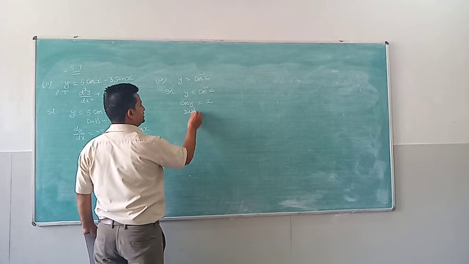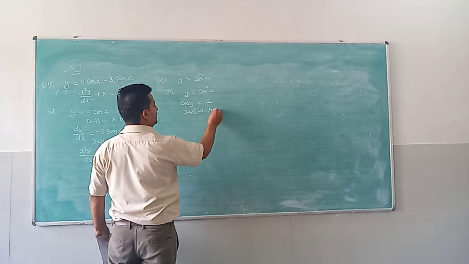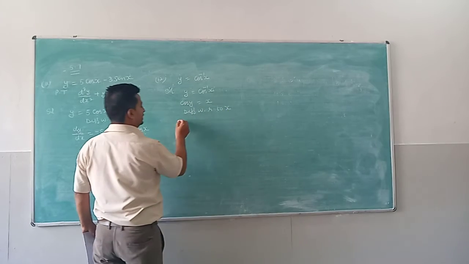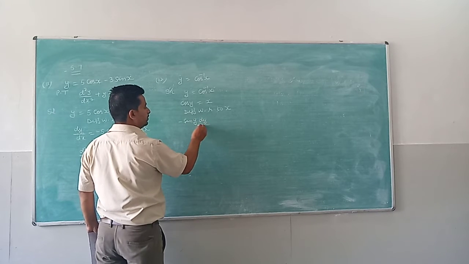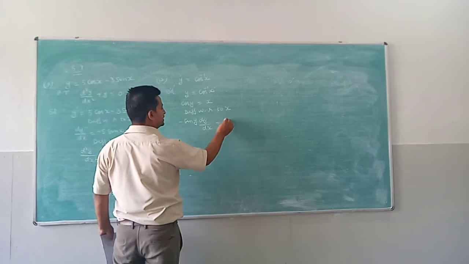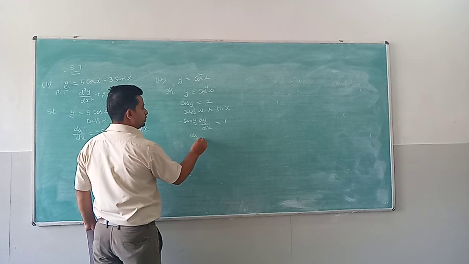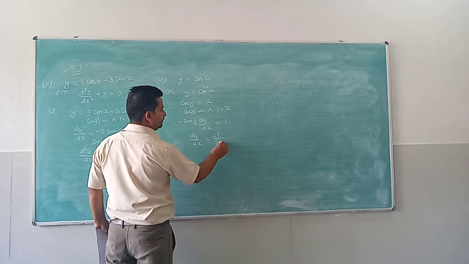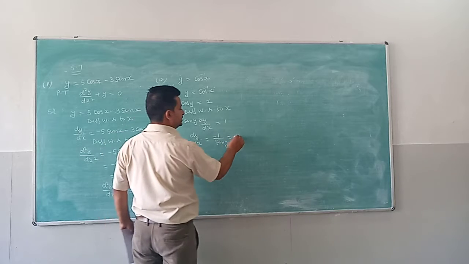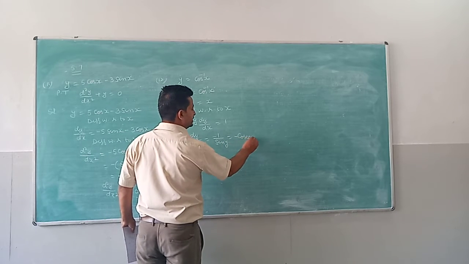When we differentiate this with respect to x, that's minus sin y, differentiation of y is dy upon dx, and differentiation of x is 1. So dy upon dx is minus 1 upon sin y, which is equal to minus cosecant y.